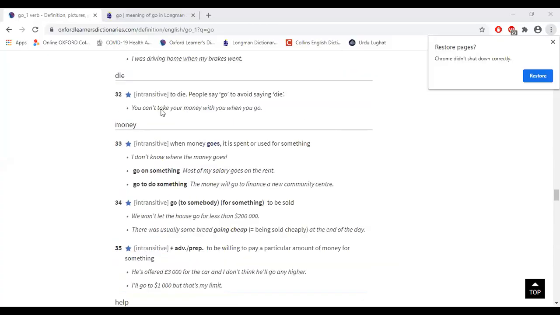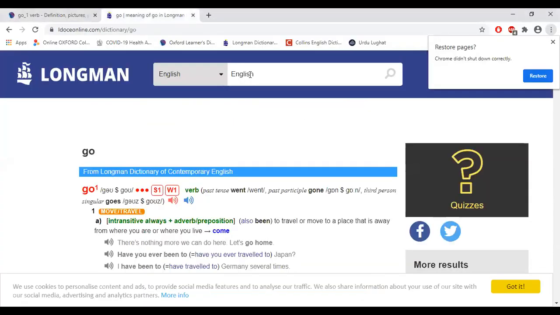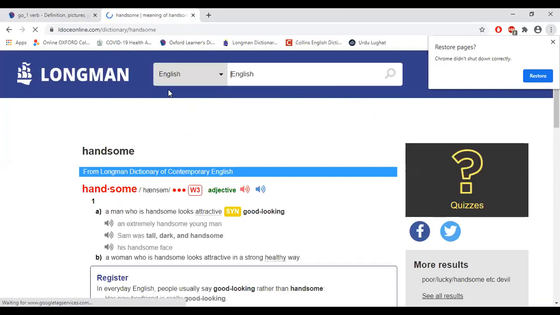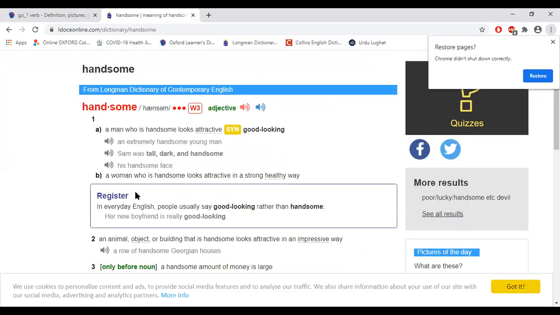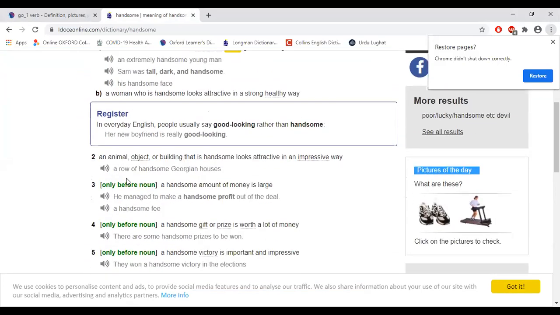Yes, you can see over here collocation. For example, handsome is a word. I've typed it in the Longman online dictionary. So you can see here collocation: only before a noun, a handsome amount of money is large.